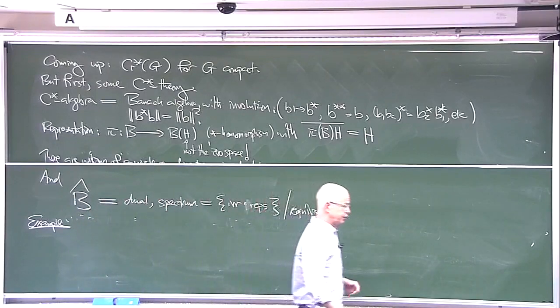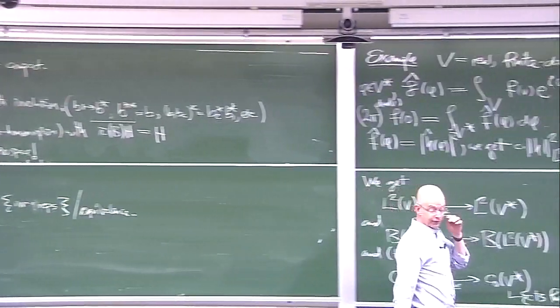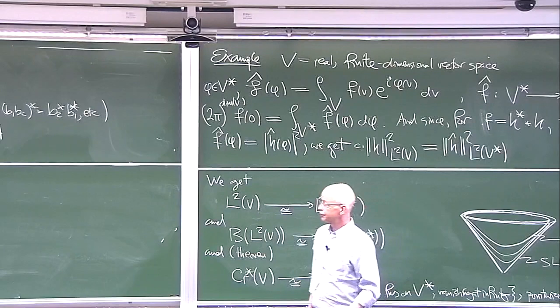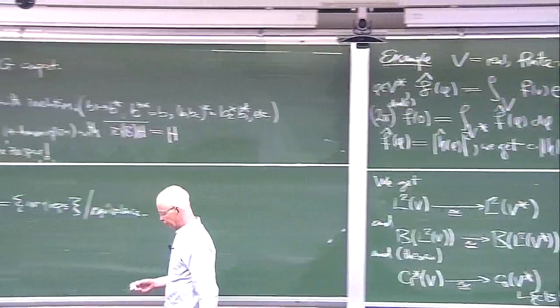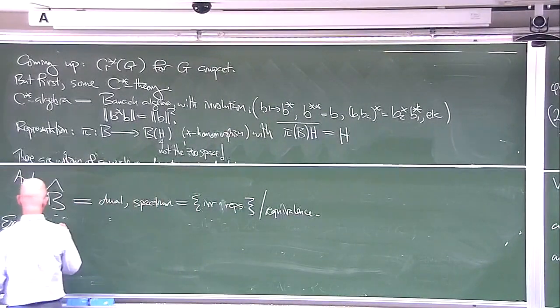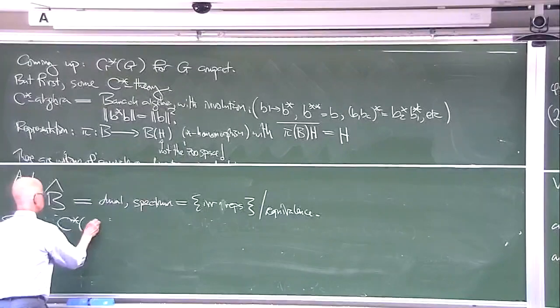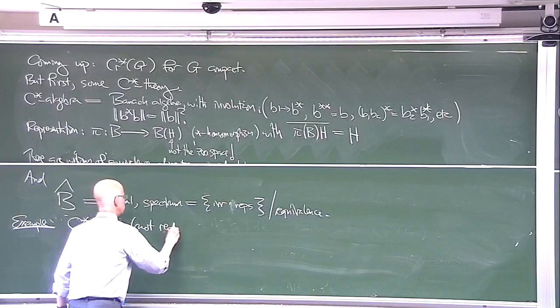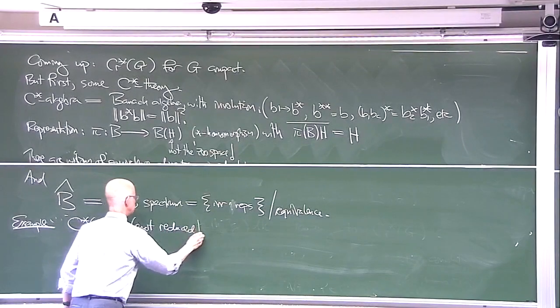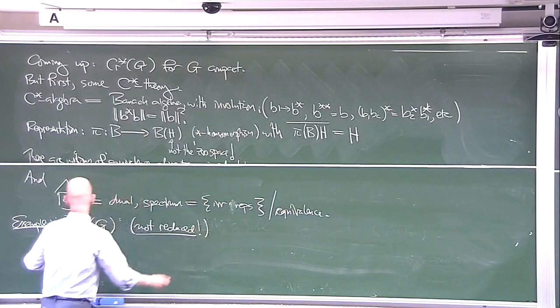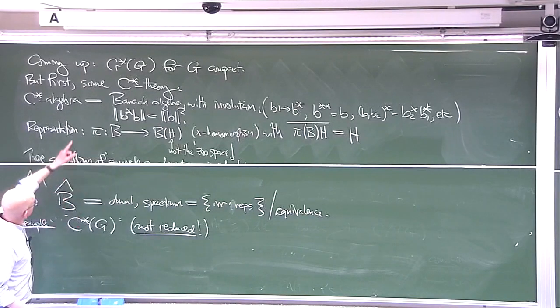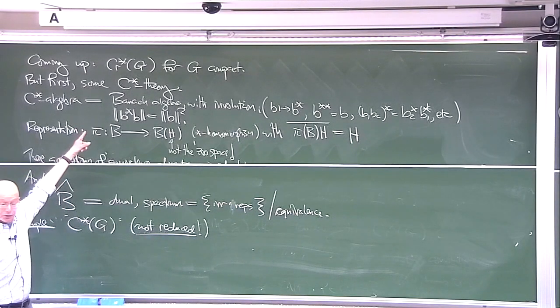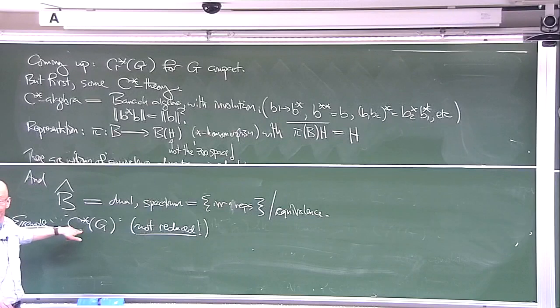I defined the reduced C star algebra, and let me define its friend, the full C star algebra of G, now, just so we have it. The C star algebra that I was talking about before had a little r, a little subscript. Here, there's no subscript.